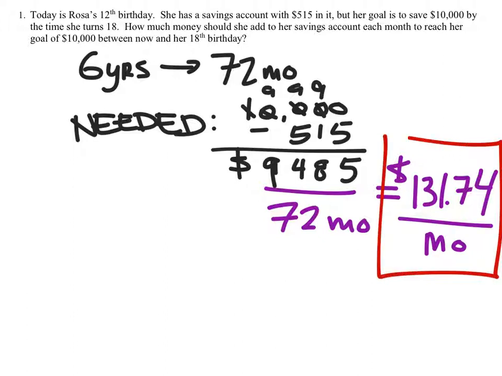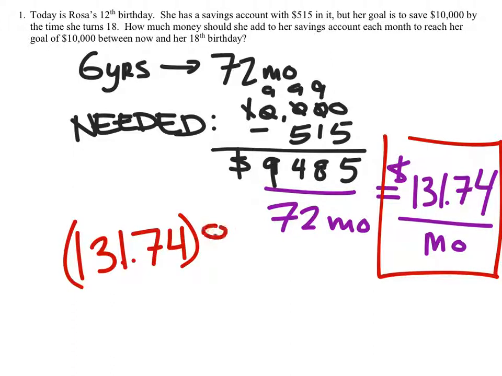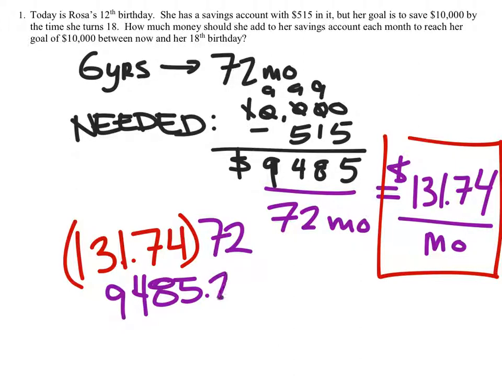And we could check. We do 131.74. We'll multiply this by 72. I don't know where the 8 came from. And what do we get out of these? 9,400 and what? Wait, you times it or divided by? I multiplied it. Because I'm checking the work now, right? I got 9,484.28.